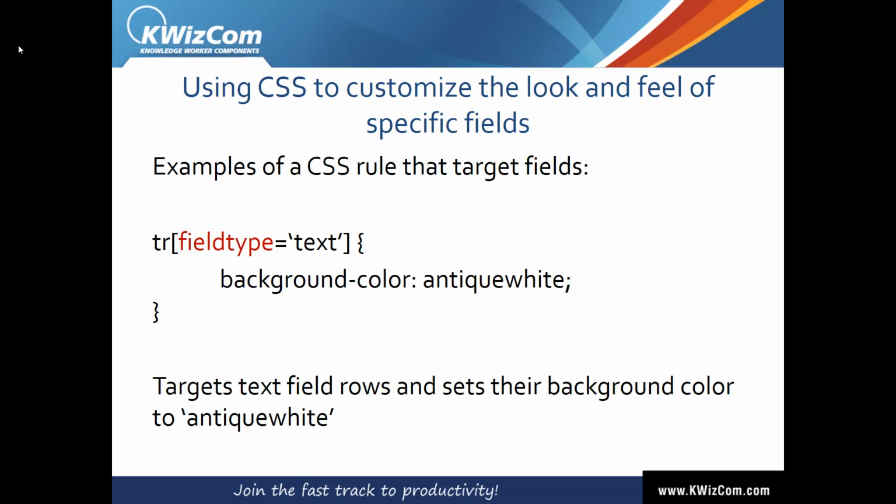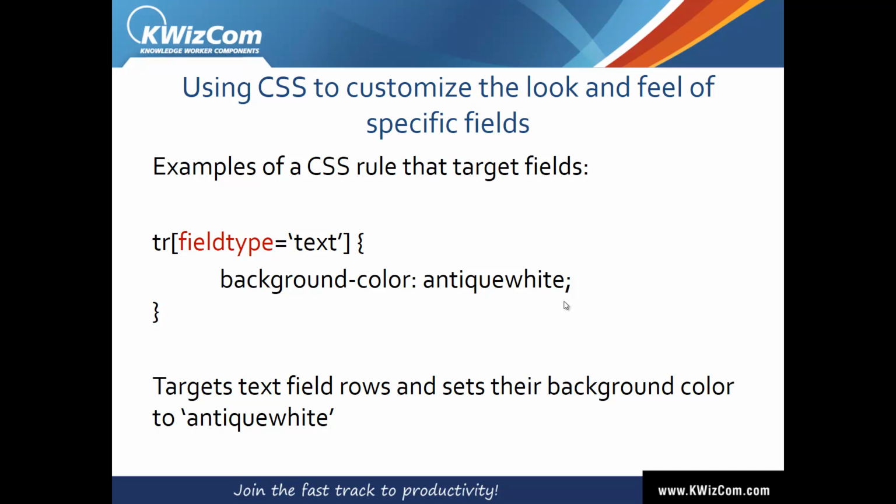So anytime a form is rendered, say the edit form, for example, the CSS rule is going to target all the field rows where the field type is equal to text. So now I can instantly color all text fields the same color if I wanted to. And this will affect all forms that are rendered.